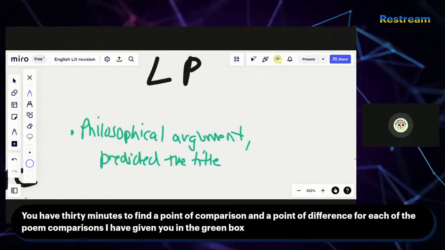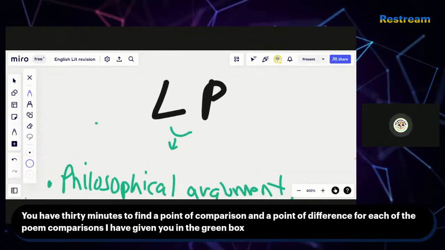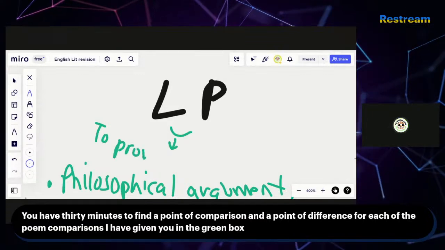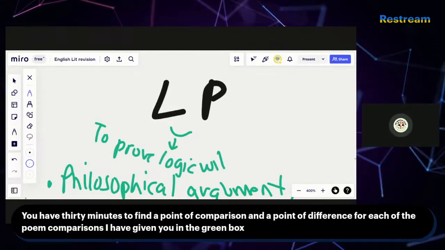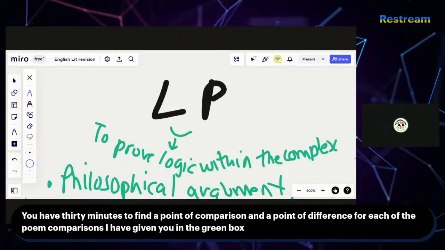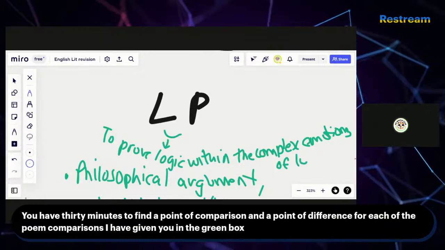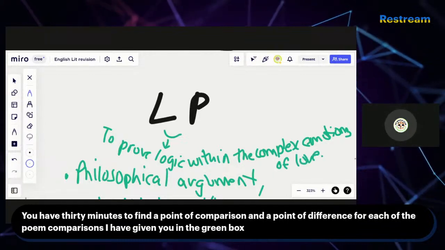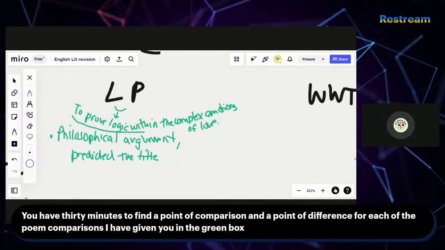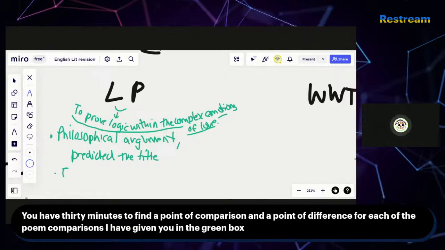And the title itself becomes its own oxymoron when we realise that Shelley's attempt to prove logic within the complex emotions of love merely shows his devout desperation as opposed to a successful argument. So Love's Philosophy has a philosophical argument, as if it's constructed, and it even ends with a rhetorical question.